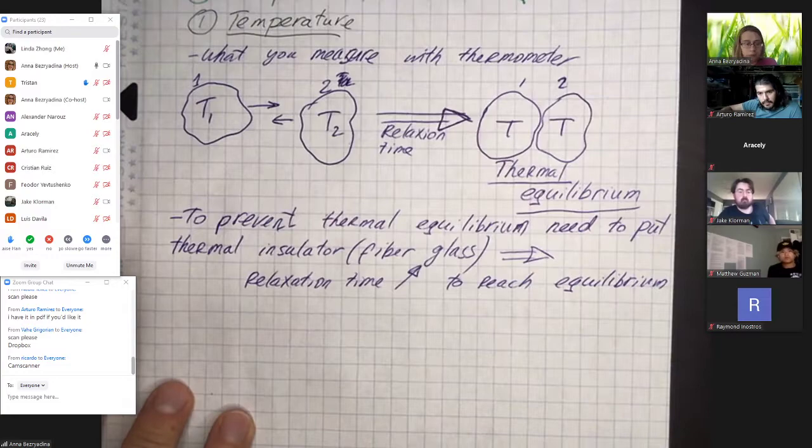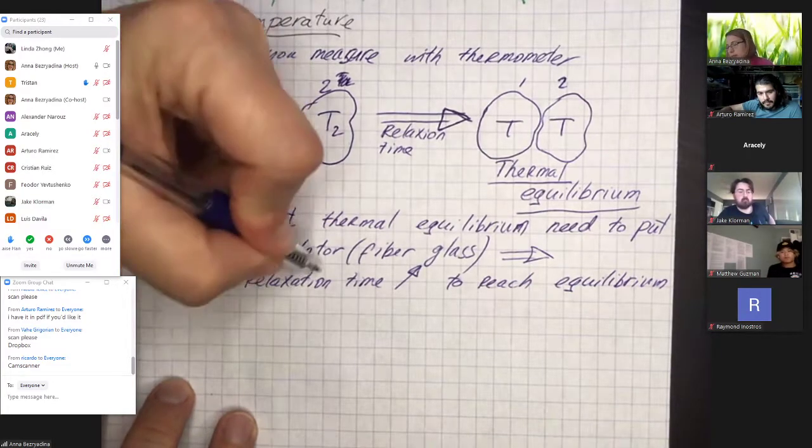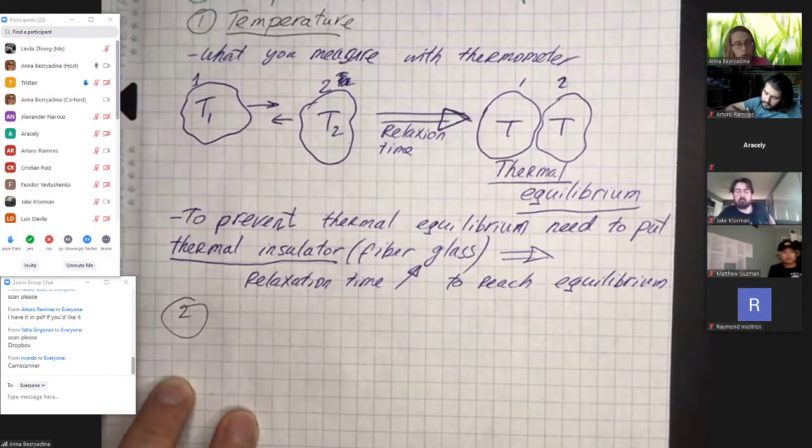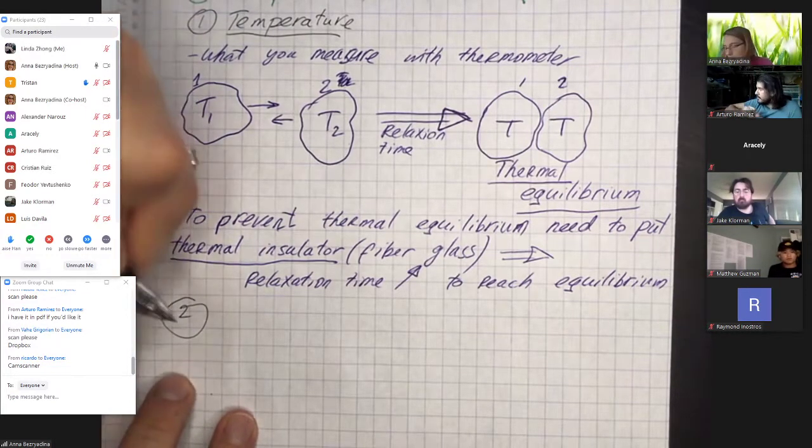I think that's clear. Now let's talk about the next point. Let's talk about three types of equilibrium.